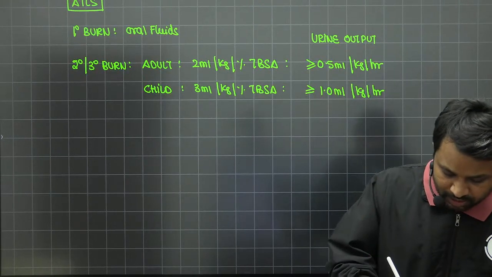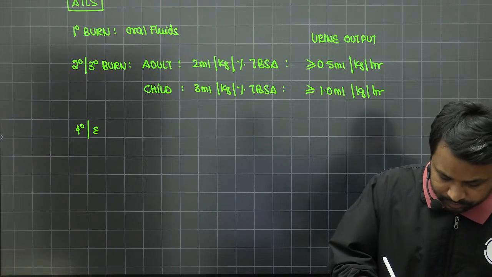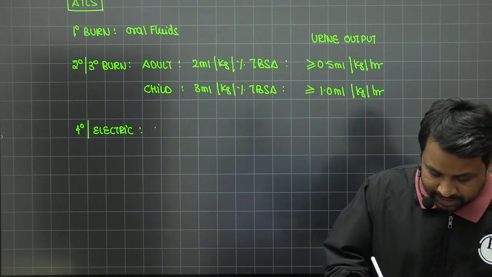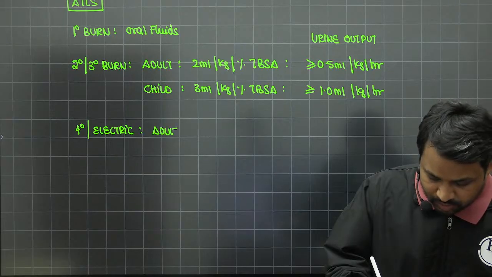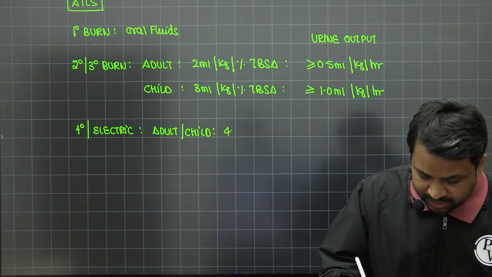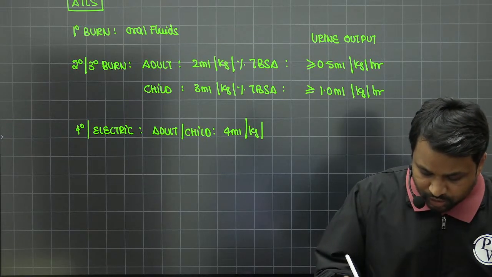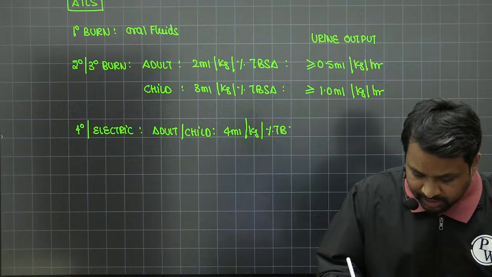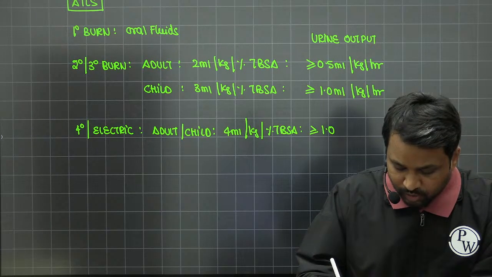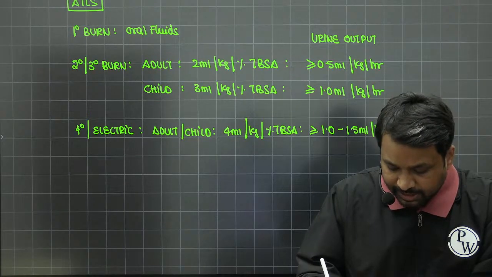The last one that you have is a fourth degree or an electric burn, let it be an adult or a child. Here we have maintained that it is going to be 4 ml per kg per percentage of total body surface area burnt. So here the urine output that is targeted is more than or equal to 1 to 1.5 ml per kg per hour.